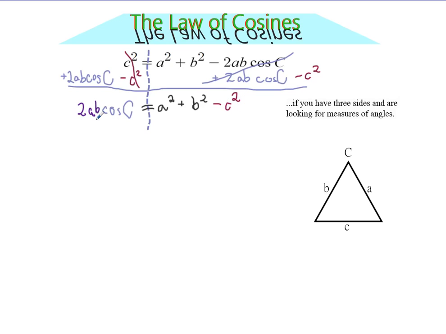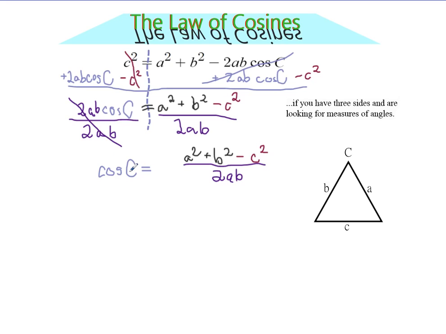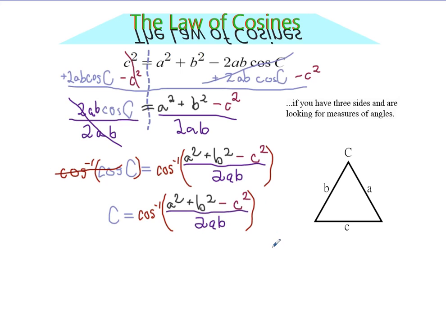We're going to take this 2ab, which is multiplying by my cosine, and divide both sides by 2ab, okay? Now I have that the cosine of the angle is equal to a squared plus b squared minus c squared all over 2ab, and we must take the arc cosine or inverse cosine in order to cancel out that cosine and get C by itself, okay?